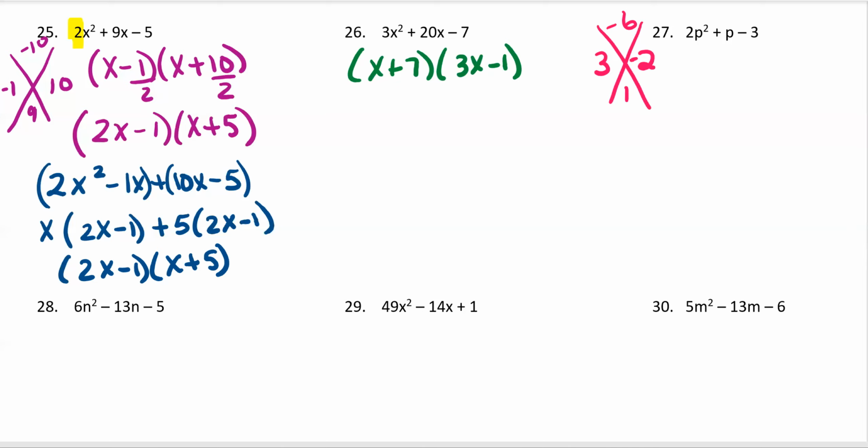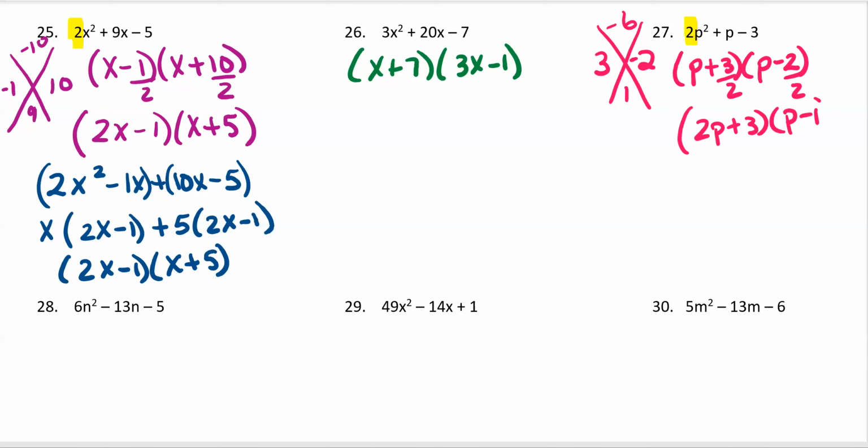The 2 needs to be negative. 3 times negative 2 is negative 6, and 3 minus 2 is 1. I'm going to use slide and divide here. A is 2. Slide the 2 in front. 2 divided by 2 is 1.